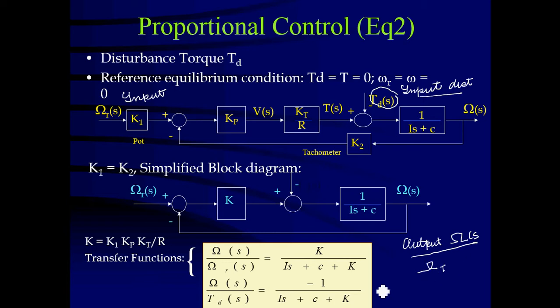But this one is again the output, omega of s, in relationship to the disturbance, let's call it T of the disturbance of s.